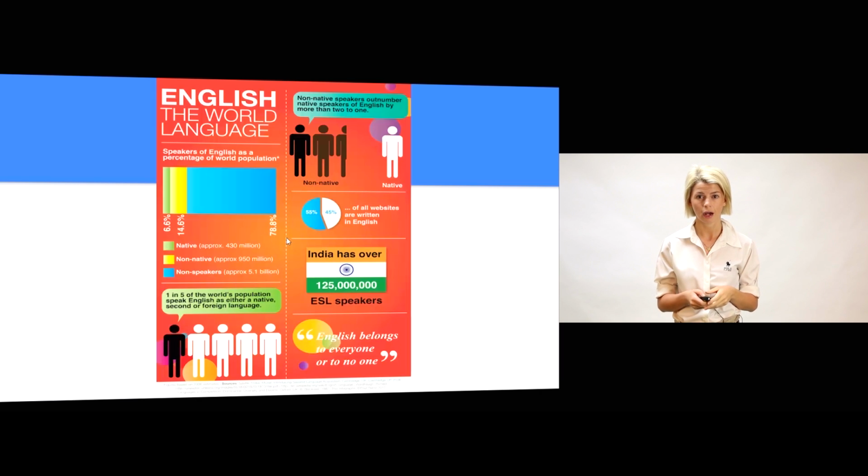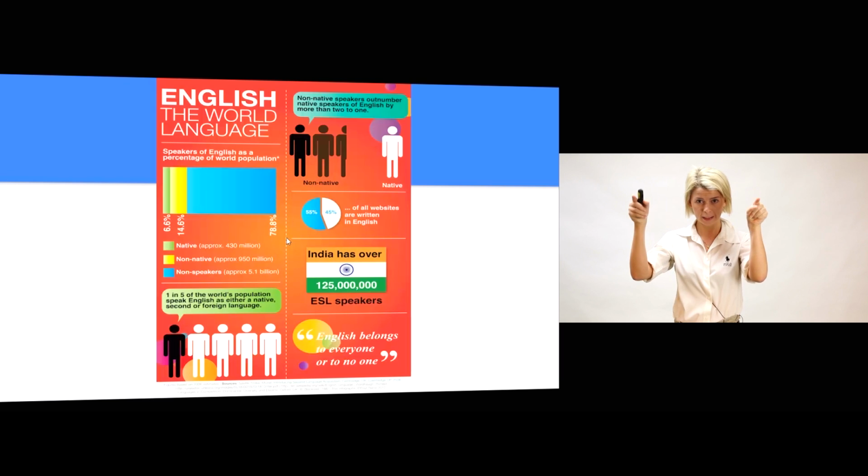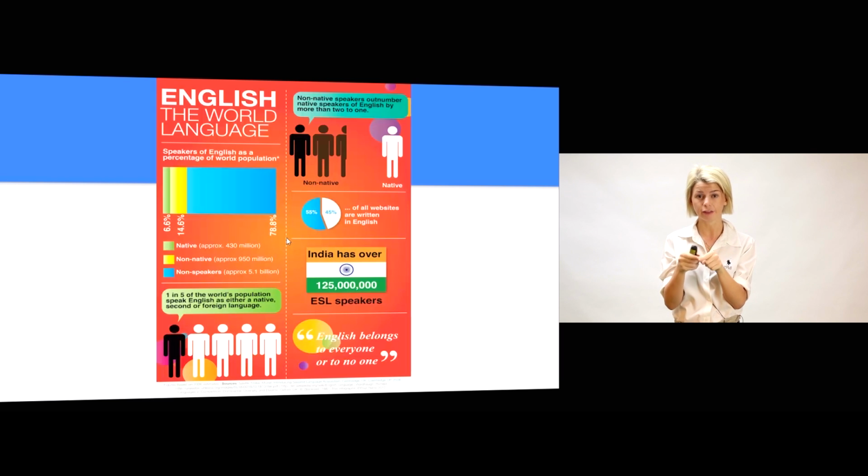There is a blue speech bubble at the top of the picture. In this blue speech bubble, it says, non-native speakers of English outnumber native speakers of English by more than 2 to 1.